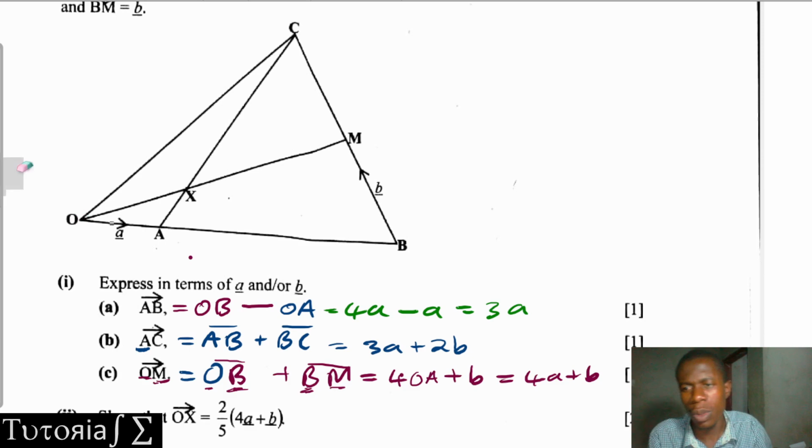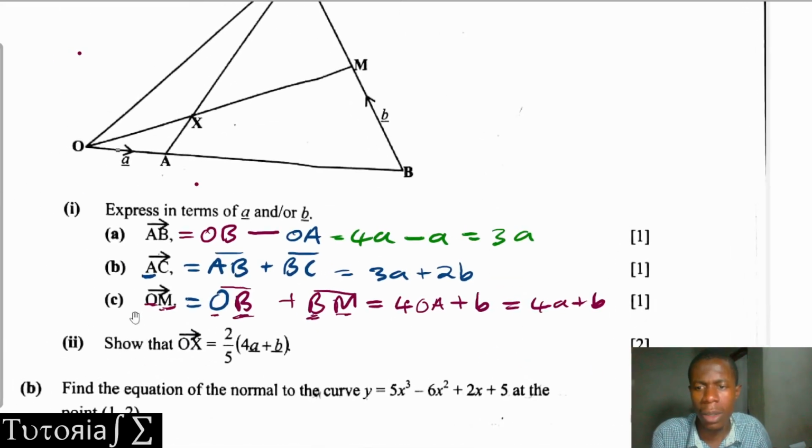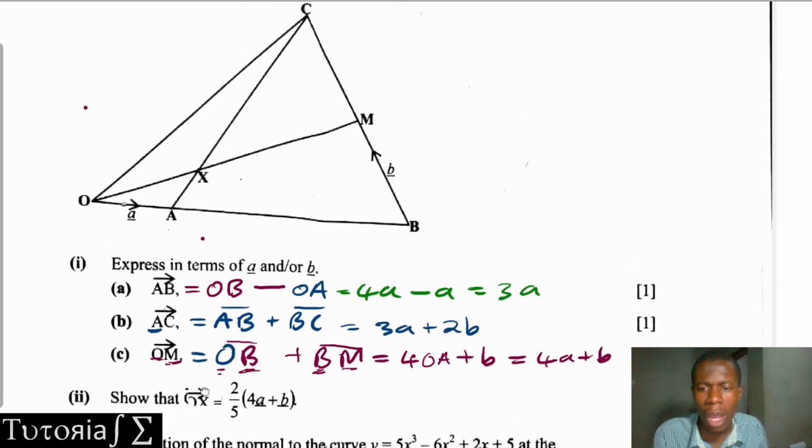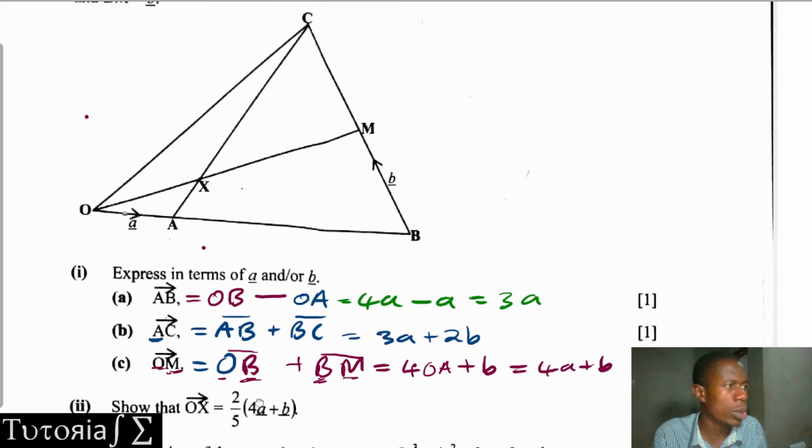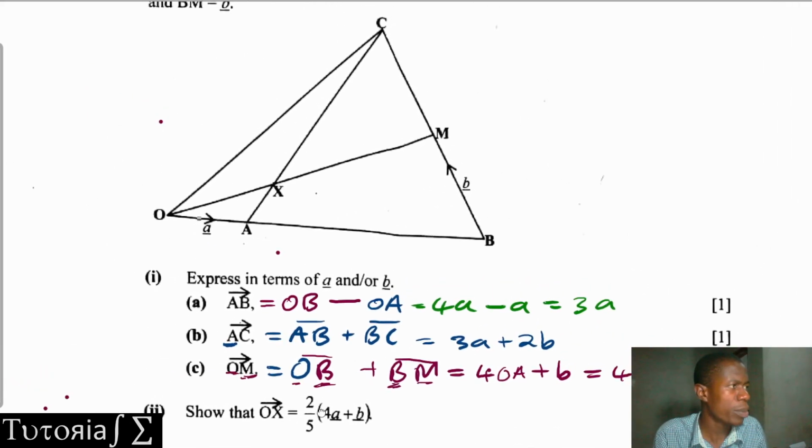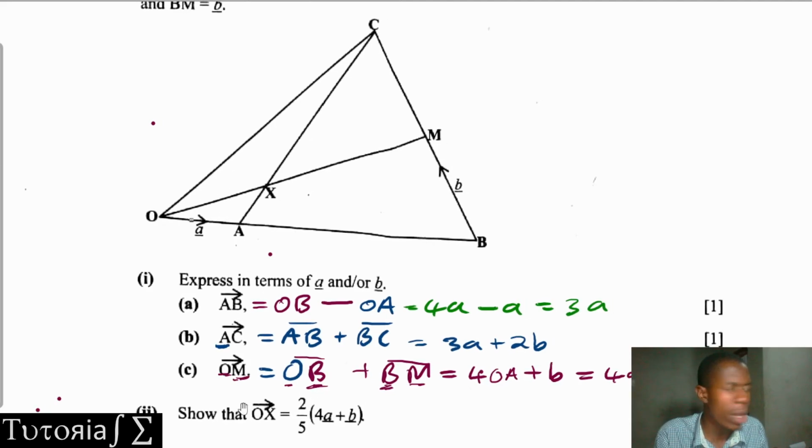Then we go to question number 3. Show that OX is equal to 2/5 of 4A plus AB. So here we just look for a way to calculate OX.